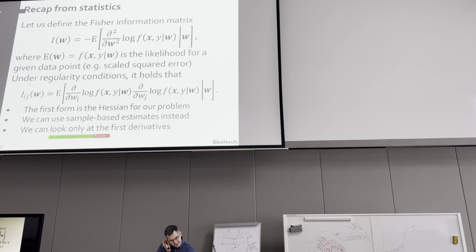Basically, we can say that our problems in machine learning are basically the problem of estimating some parameters by maximizing or minimizing some function. In machine learning, typically we are talking about the loss function and we want to minimize it.